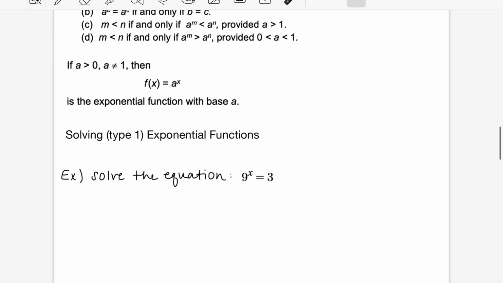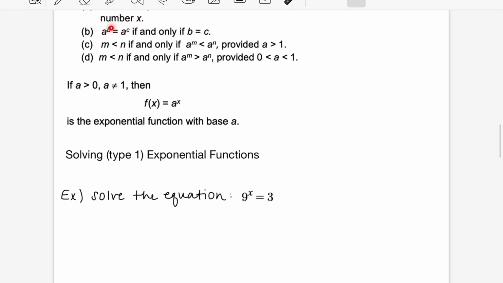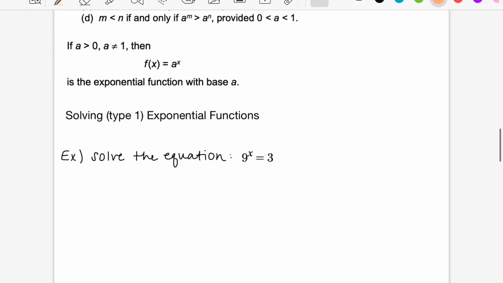For this one, we want to solve the equation 9 to the x is equal to 3. What we'll do in this case is use property b. What we're going to want to do is rewrite this 9 so that we have a base of 3 on both sides, and then we can use this property to solve for x.